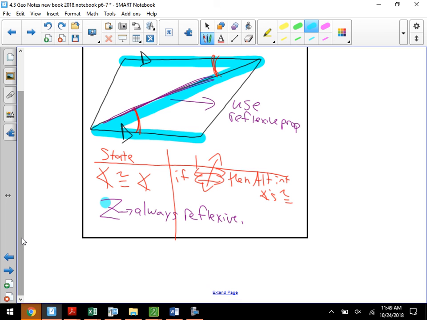It's just one of those things that, since you know that it's shared because you make the Z with it, since that's the transversal between those two triangles, that's always going to be reflexive. Whether it's the Z normally or the Z backwards. That shared side where that transversal occurs is always reflexive. If it's going the other way, it's reflexive.